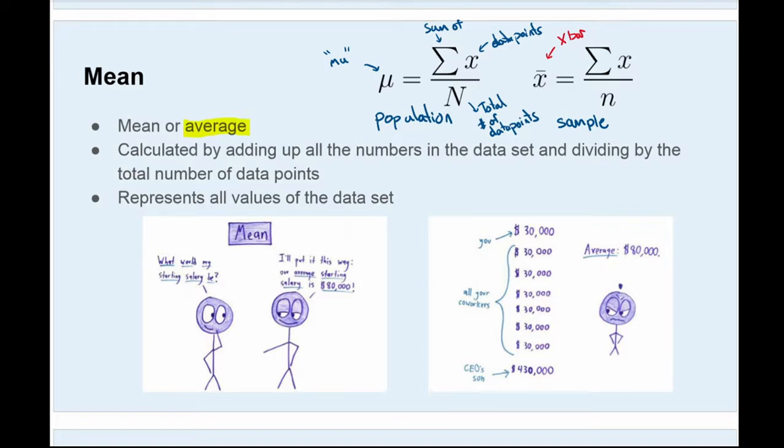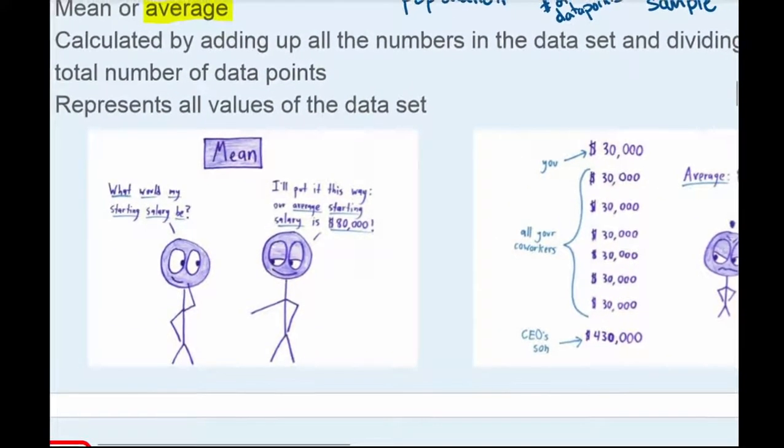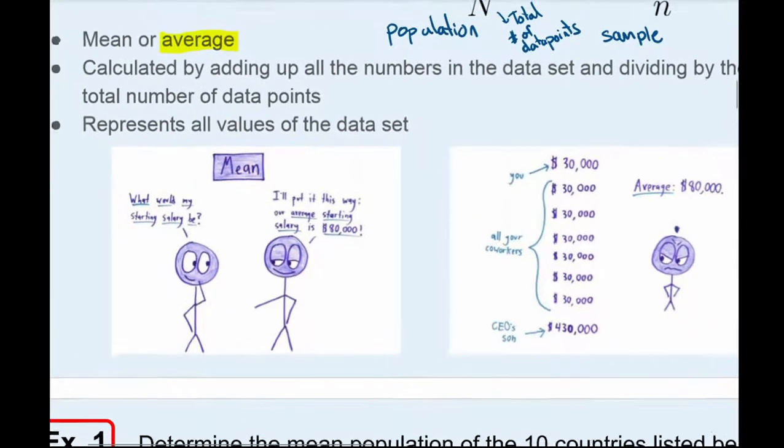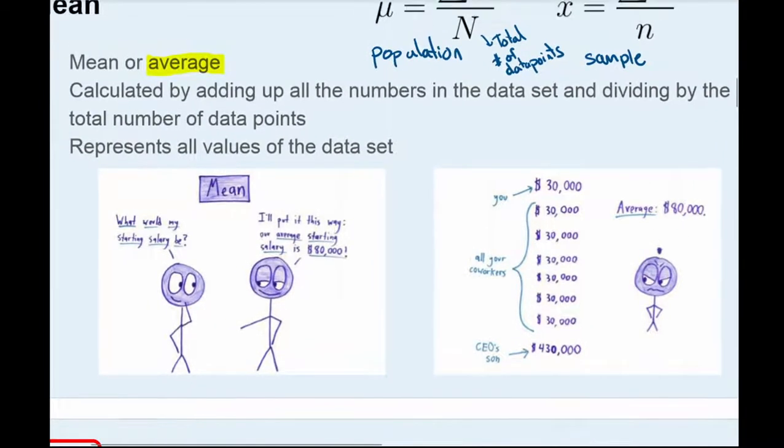Same idea, just different variables. We can see in this comic that sometimes using the mean can be a little bit misleading, because it involves every single value, so we can misrepresent some things.